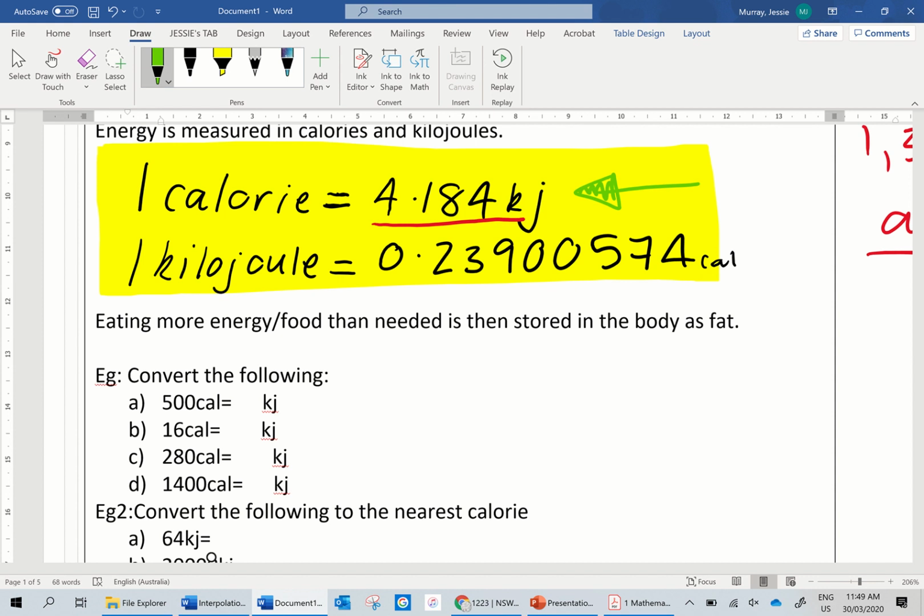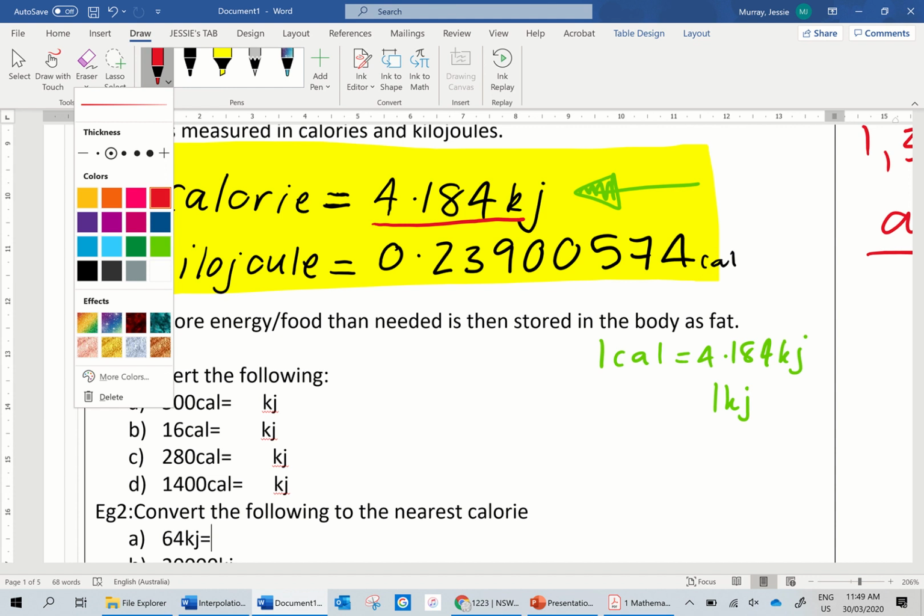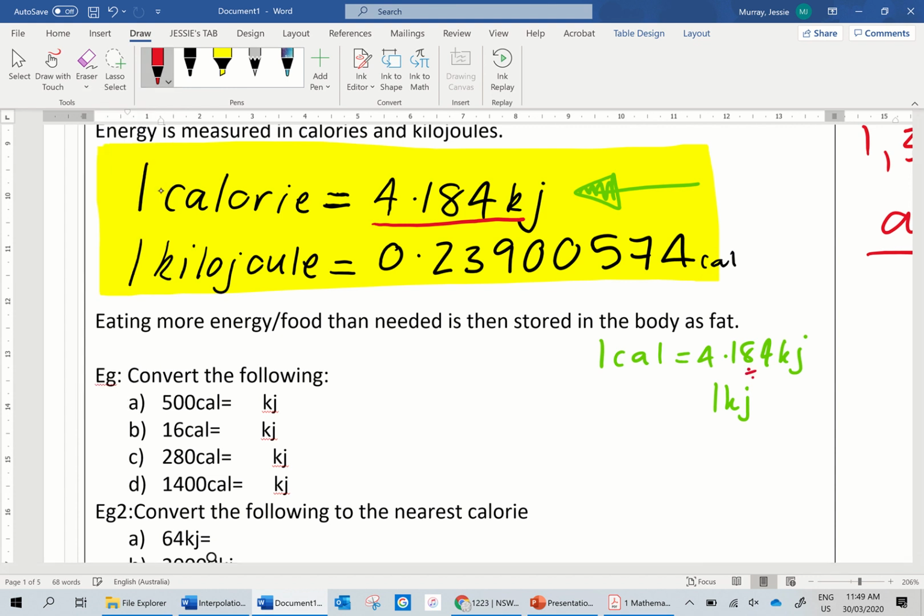If you're not sure how, think about it this way: 1 cal equals 4.184 kilojoules. If I want 1 kilojoule, I'm just going to divide both sides of that equation by 4.184, which cancels those out.